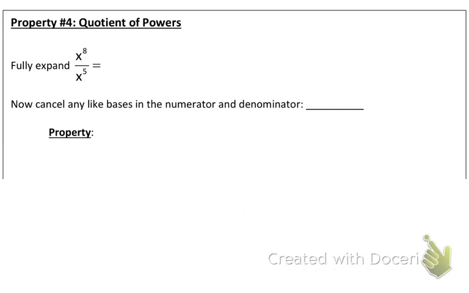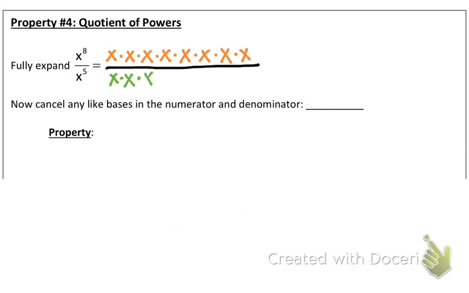So we're going to start by investigating, so we will fully expand x to the 8th over x to the 5th. So what does x to the 8th look like? Well, we have 8 x's on top divided by 5 copies of x on the bottom.